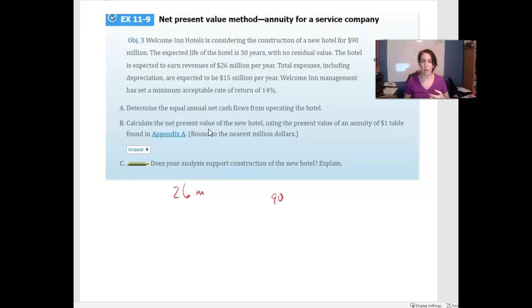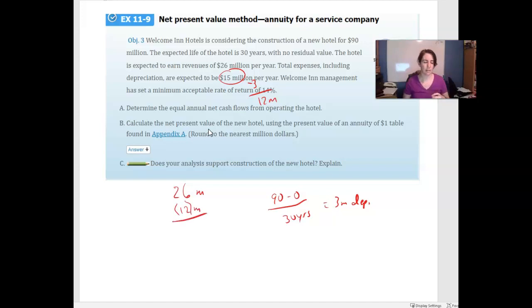It's got no residual value, and it's going to be good for 30 years. So you're looking at $3 million in depreciation per year. So basically, in this $15 million number of expenses is also $3 million of depreciation. So we're going to pull that $3 million out of there, which means we've got $12 million in expenses.